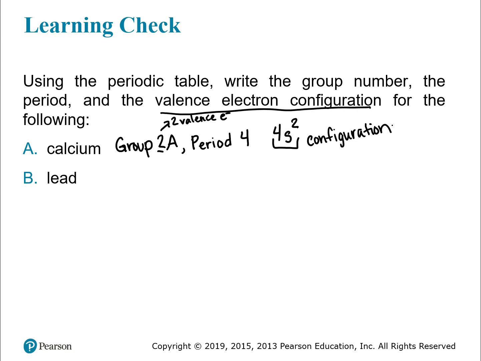So let's try this second one. Now we're looking for lead, which, if you don't know your symbols yet, that's Pb. So tell me what the group number is.